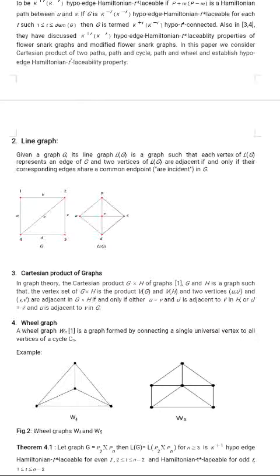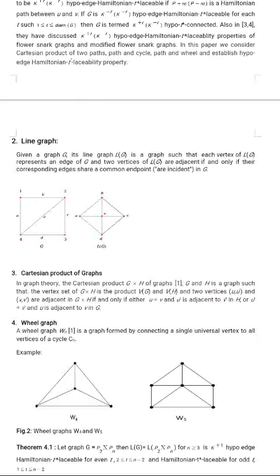To get the line graph, we convert the vertices into edges and edges into vertices. So that is the line graph of G.